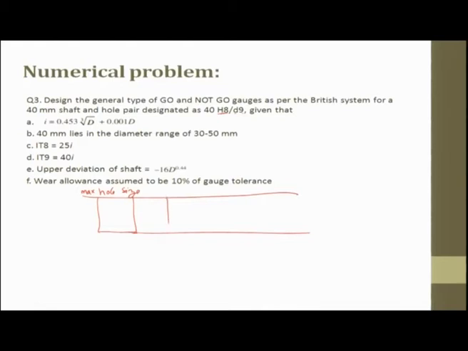This is going to be your hole tolerance. This is for a no go gauge. We will see go gauge and no go gauge in a little more detail later, but as of now we will see only the tolerances part of it.